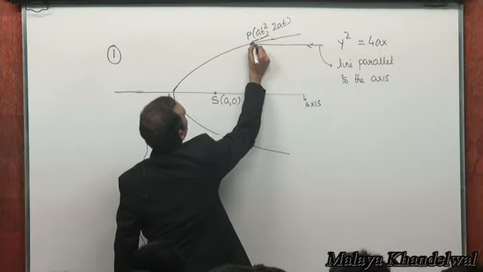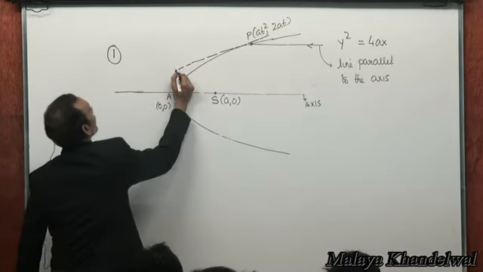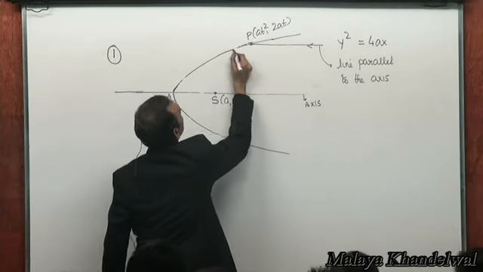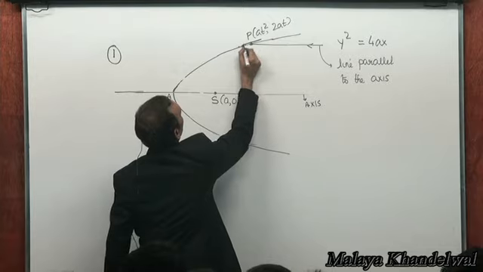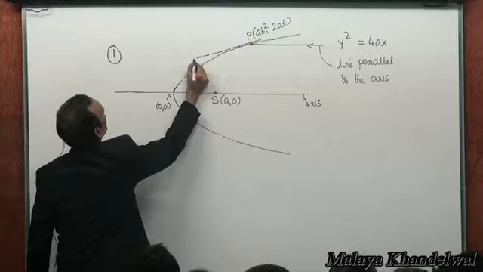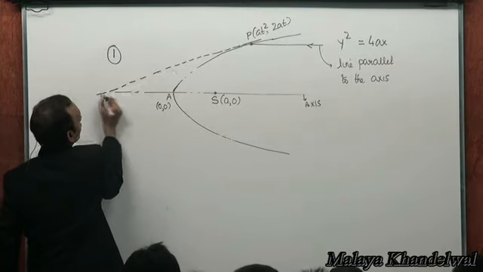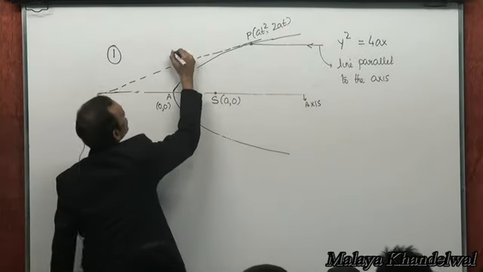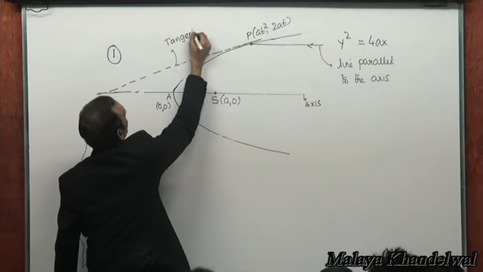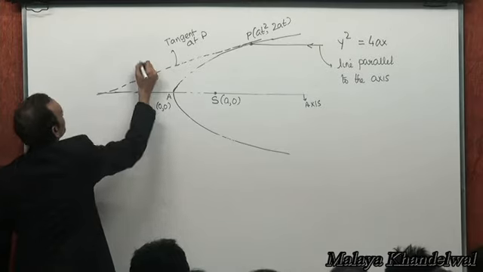Say this is the tangent drawn at P. Oh, it's a crooked one. This is a tangent drawn at P. What's the equation of the tangent at P?